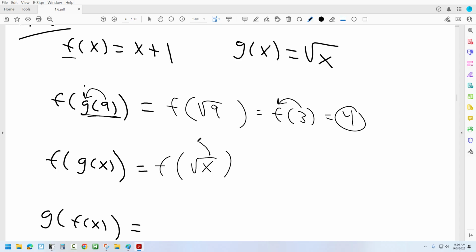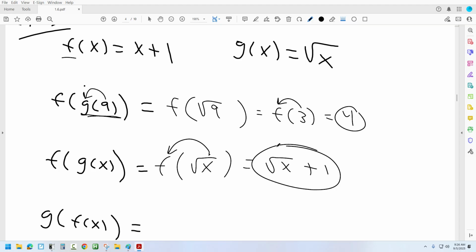Now, fill that into function f everywhere you see a variable. So can anybody tell me what f of g of x would be? Yep, Nick? The square root of x plus 1. There you go.